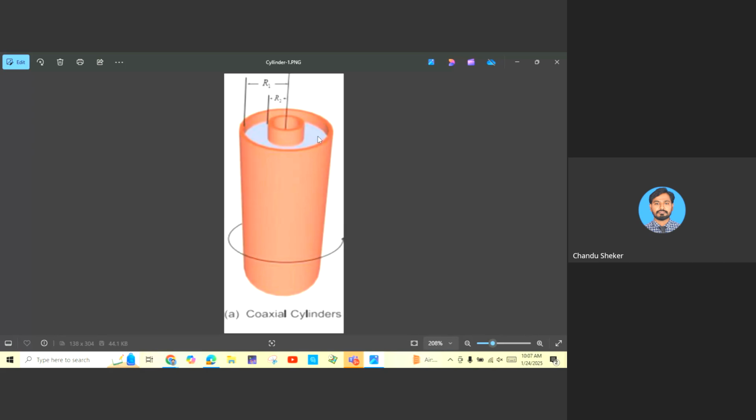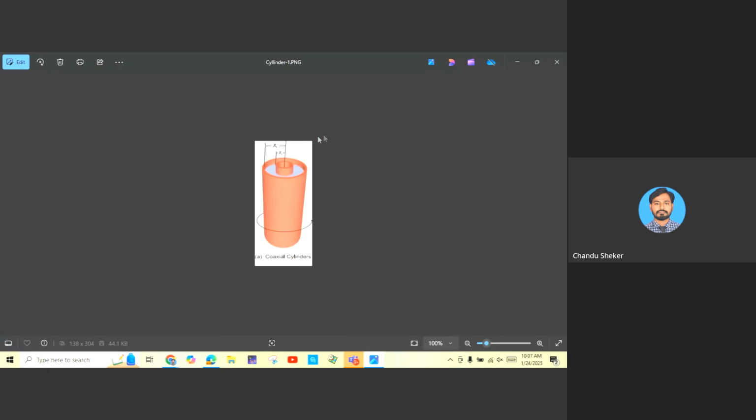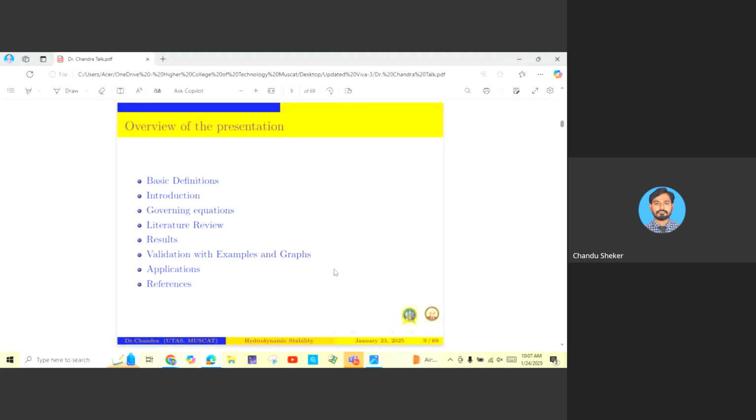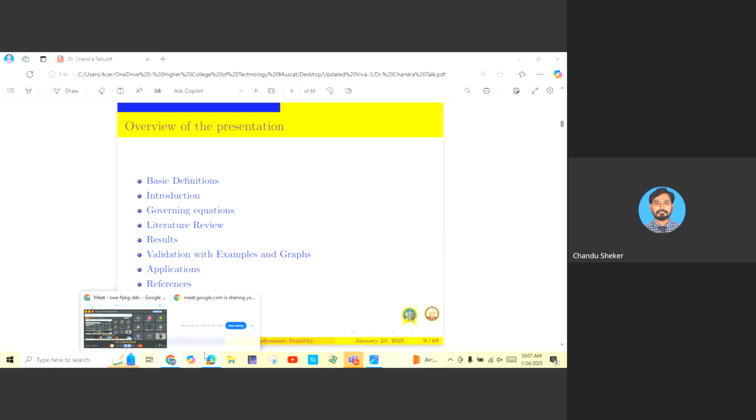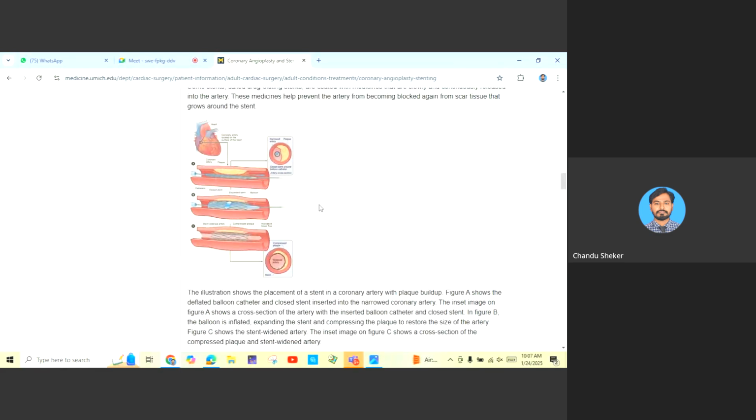Before going to the definitions and my topic, let me explain one application first, then I will come to my talk. This is heart blocks. When you go for an angiogram, they inject a thread through the veins. Here we consider the vein as the outer cylinder, and the thread injected inside as the inner cylinder.